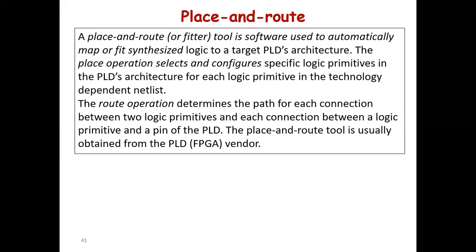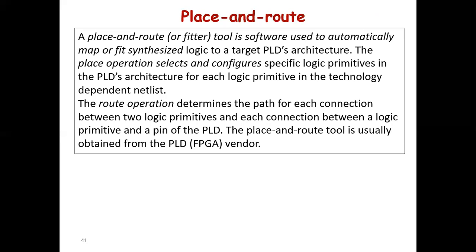Place and route tool is software used to automatically map or fit synthesized logic to a target PLD's architecture. The place operation selects and configures specific logic primitives in the PLD's architecture for each logic primitive in the technology dependent netlist.